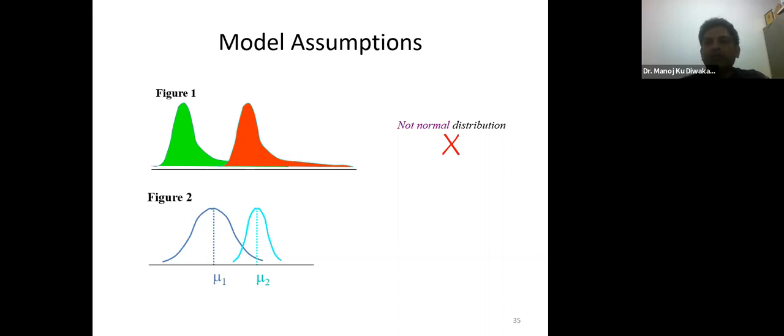There is a variability along this axis, and we cannot use the analysis of variance if these assumptions are violated. In the first figure it is not a normal distribution, and in the second figure it is normally distributed but unequal variances are there. It means there is variability in the data.